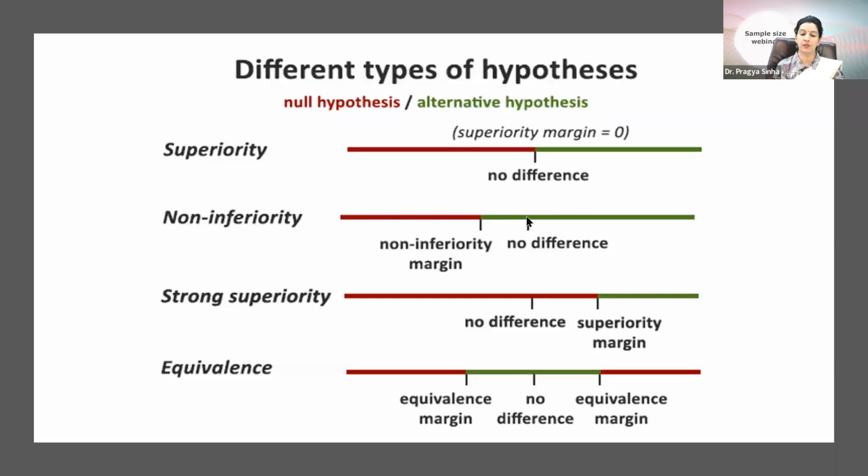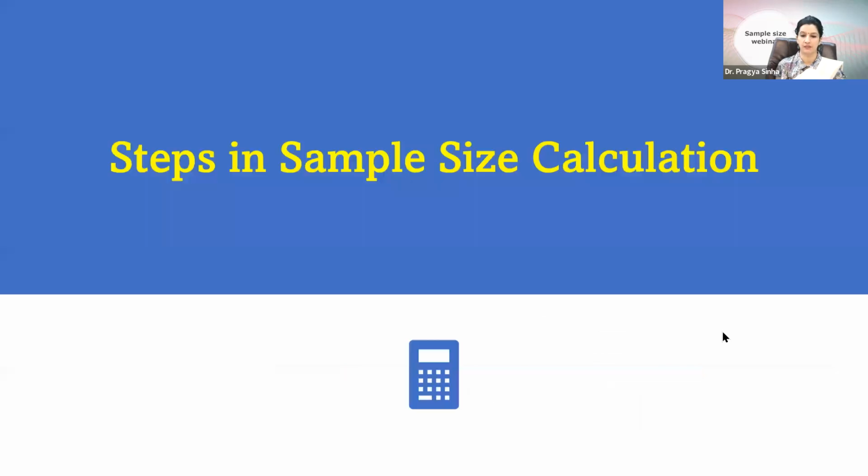In this case, we set a margin. This margin from the no difference to the clinically least difference, we call the non-inferiority margin. Similarly, for equivalence, you set a margin both below and above the no difference line, and then you call it equivalence.